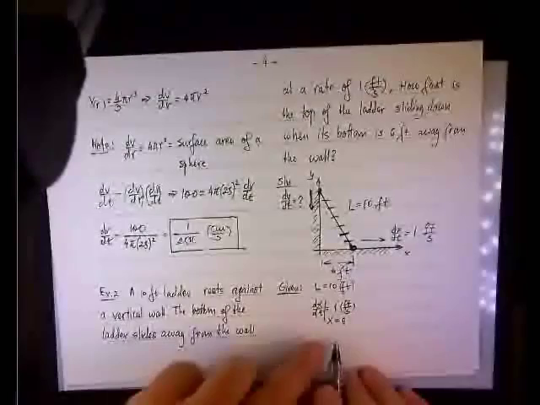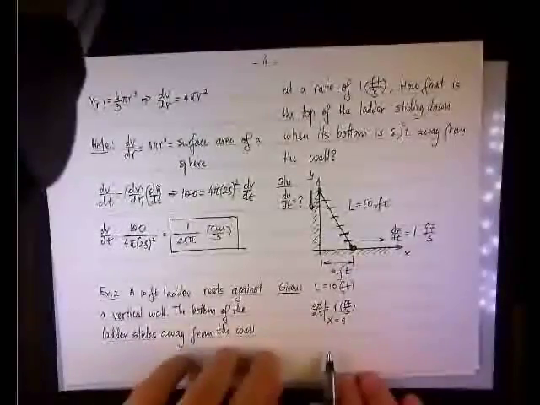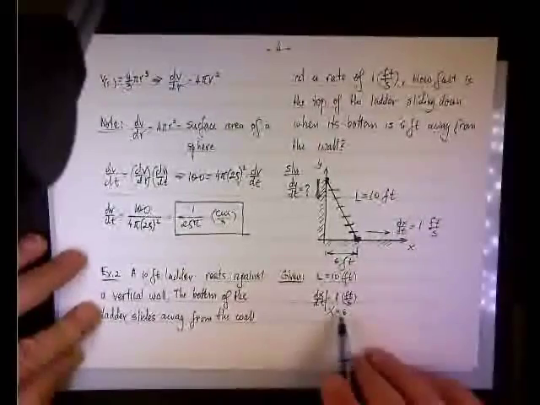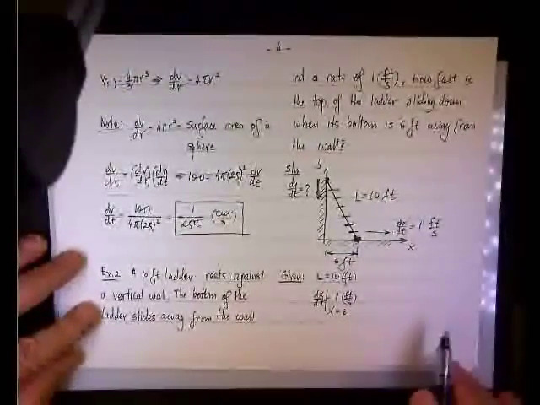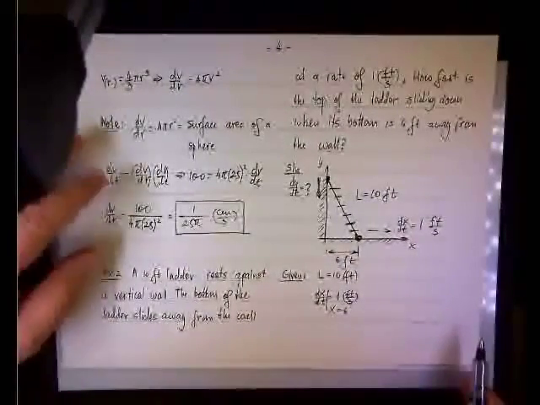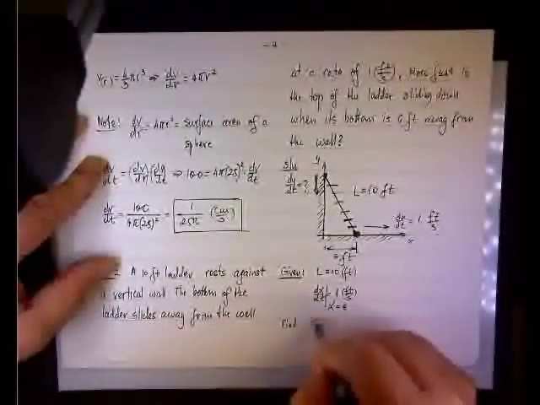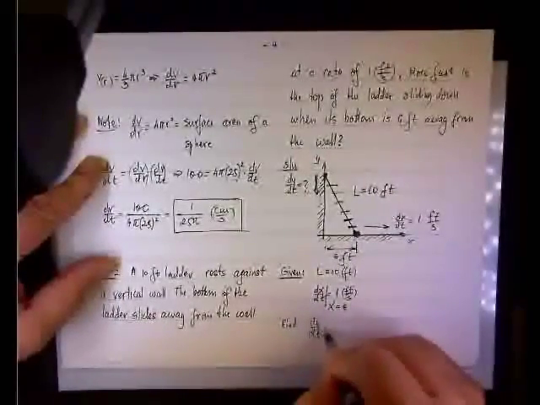So I'm going to write it like so, to combine these two pieces of information. dx dt equals 1, but this is true when x equals 6. As we know, the rate is going to change, and what we need to find is dy dt, of course.